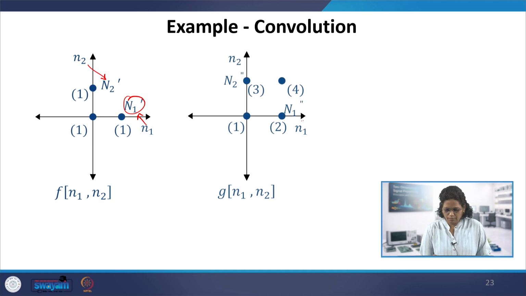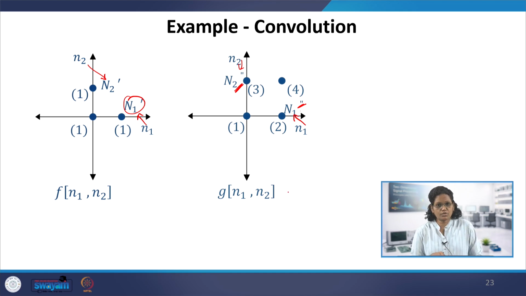And g similarly has n1 up to n1 double dash and n2 up to n2 double dash, with values 1 2 3 4. So the first sequence is f, and the other sequence is g of n1 comma n2.